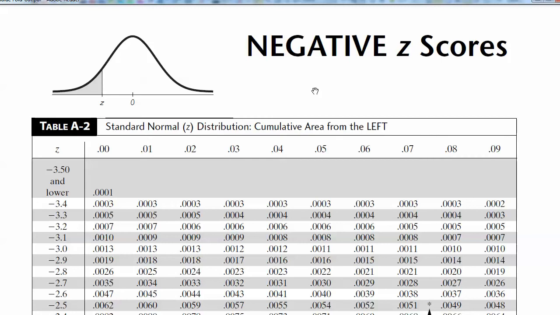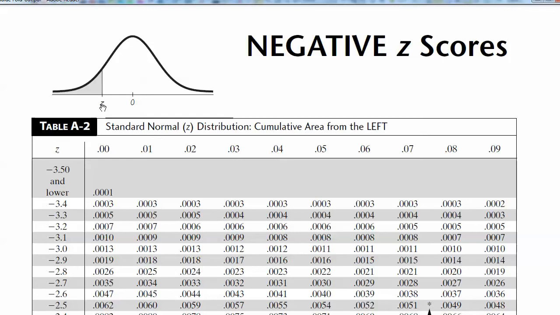You can always convert those non-standard scores, an x score, like if you watched my last video, the age of an actress winning the Academy Award for best actress. You can take that age 21, subtract the mean 35.7, and divide by the standard deviation of 11.1, and that will give you the z-score.